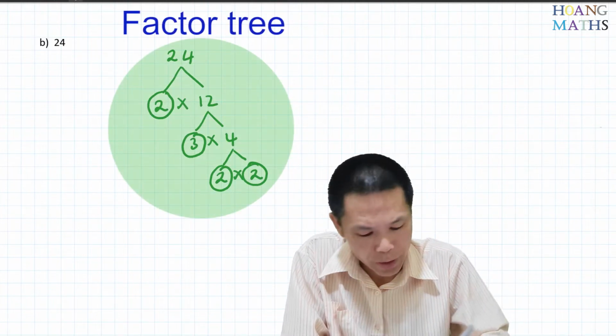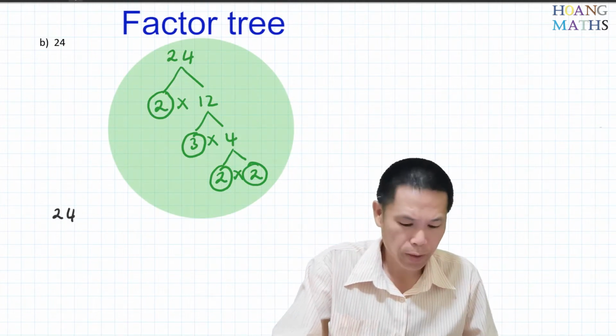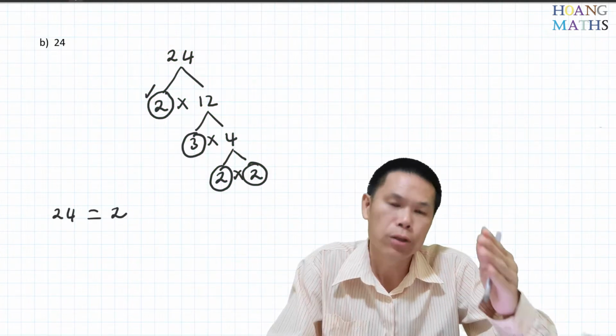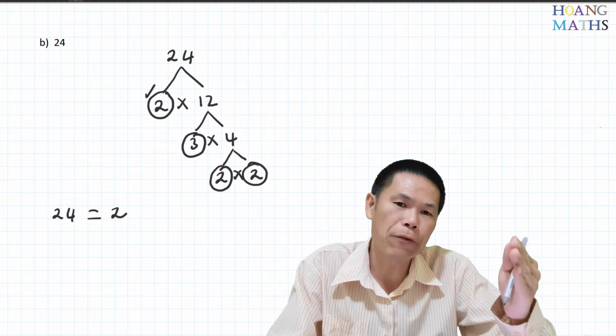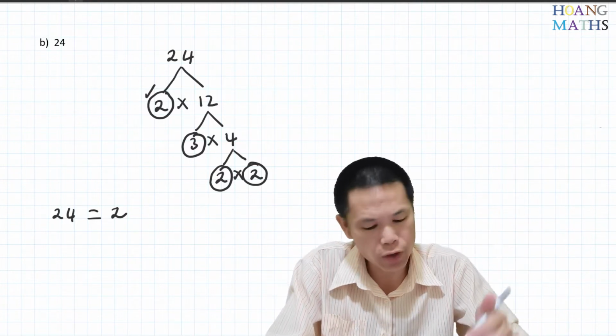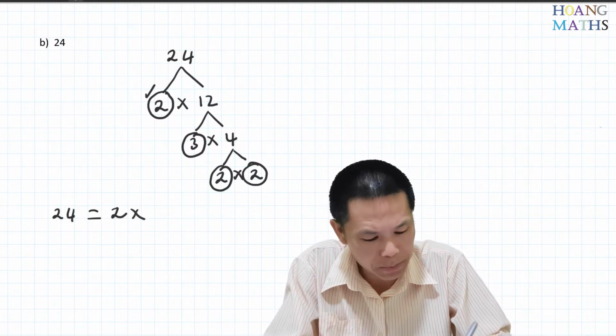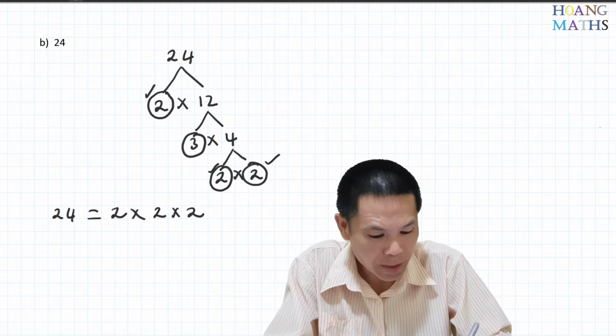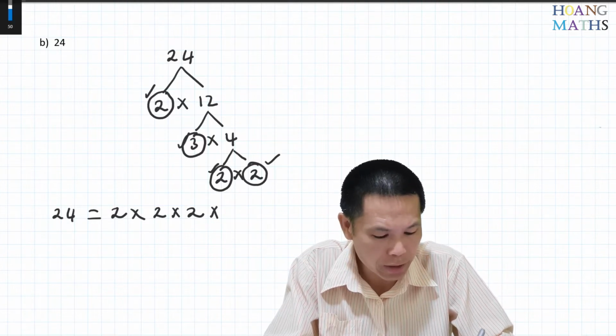So therefore, 24 is equal to this 2. I normally write the smallest number first and then the larger number, so ascending order if you like. So 2 times this 2 and this 2, and then you times this by 3, of course.